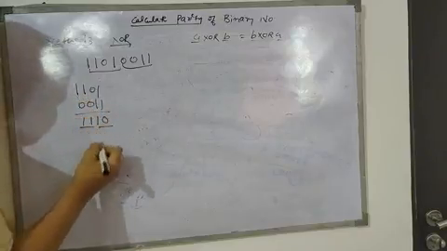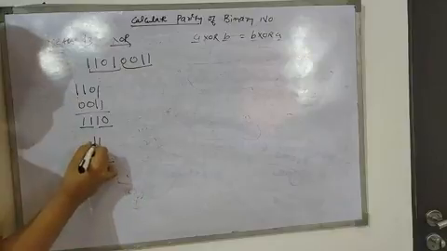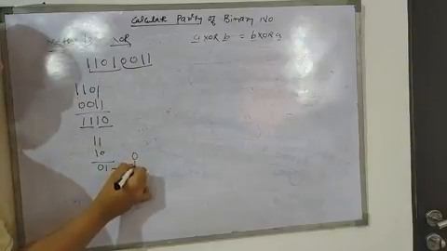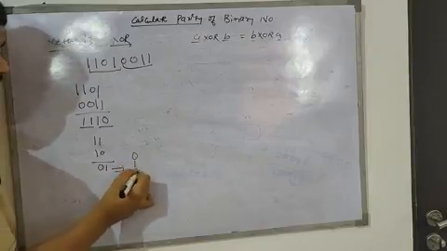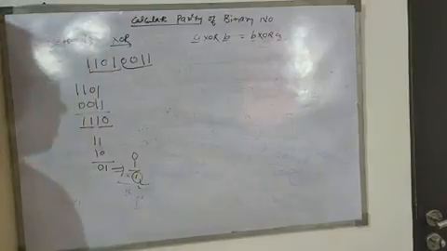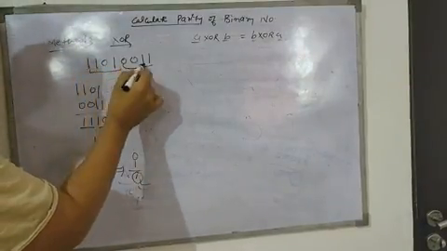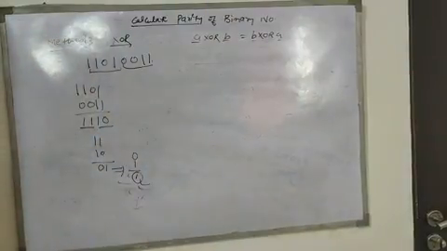Again divide into two parts and do XOR, 1 1 and 1 0. So 1 0 will be 1, 1 1 will be 0. Again do XOR and divide, 0 1. So 0 1 will be 1. So the parity is 1 for this number. You can count 1 2 3 4 5. So number of ones is odd, so parity is odd.